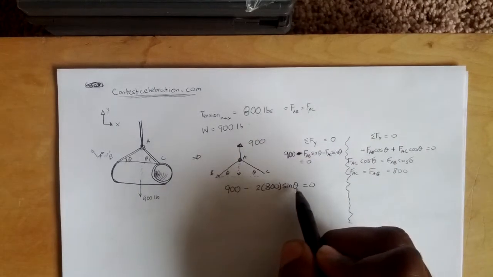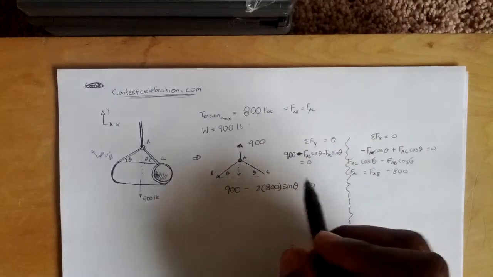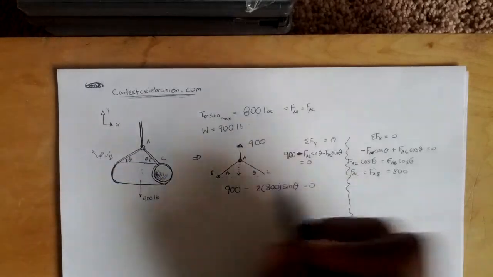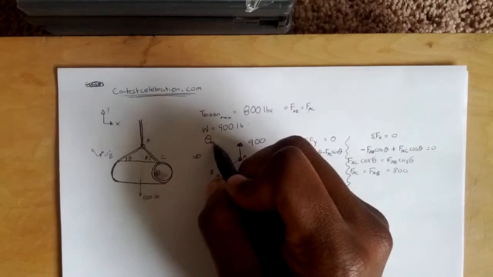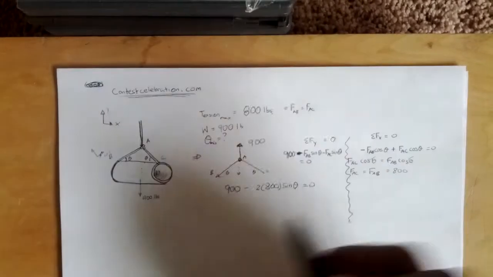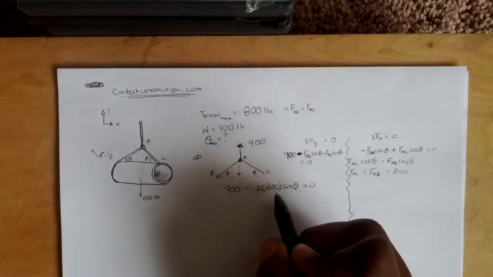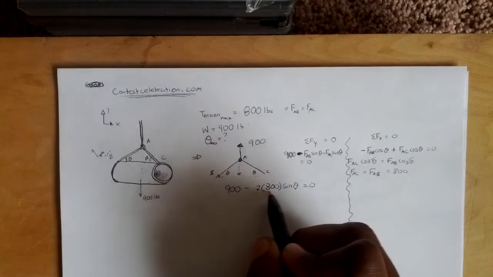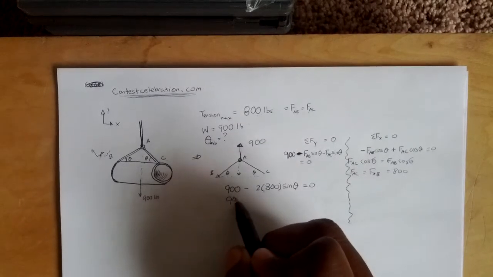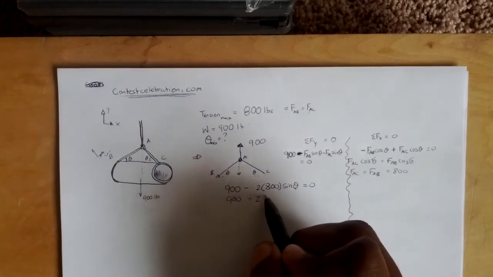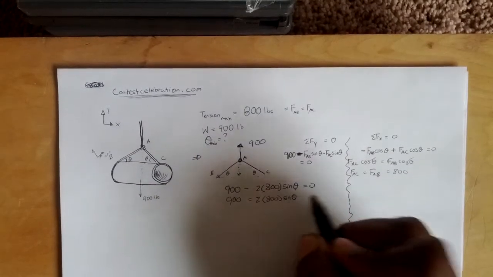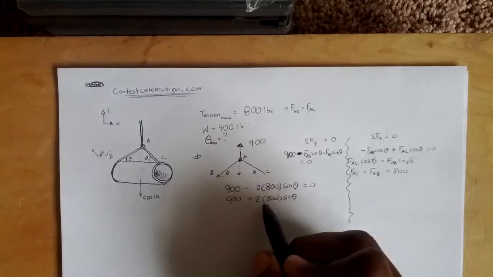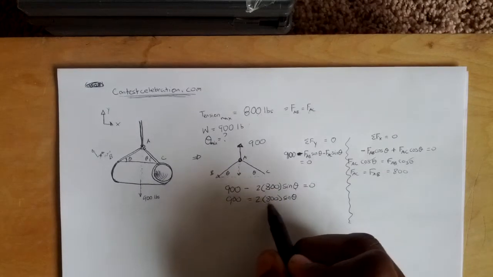So now we need to isolate theta. That is what we're looking for, to find the minimum here. So let me write up here theta min, to make sure we know what we're looking for. If you solve this, you move this to the other side, you get 900 is equal to 2 times 800 pounds times the sine of angle theta, and divide by this 2 times 800.